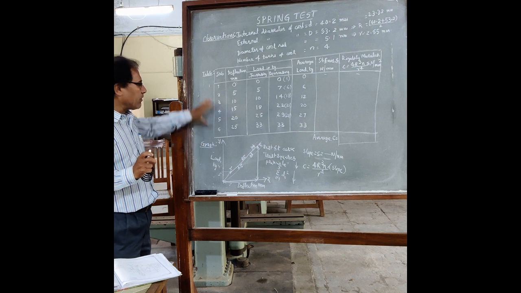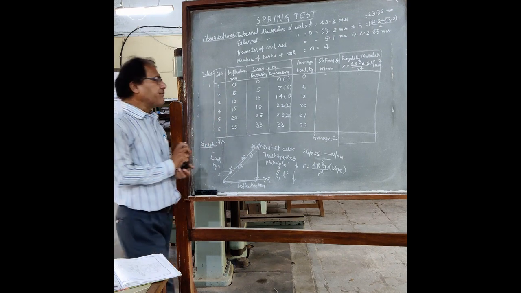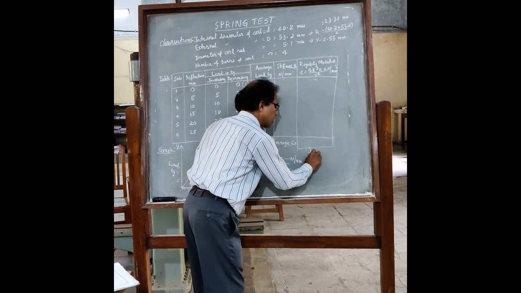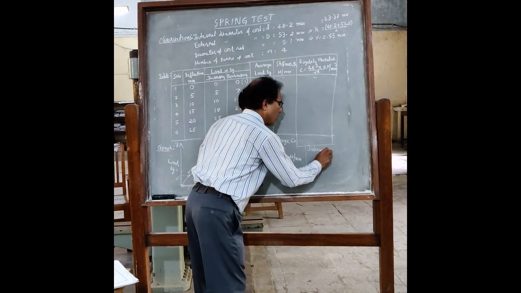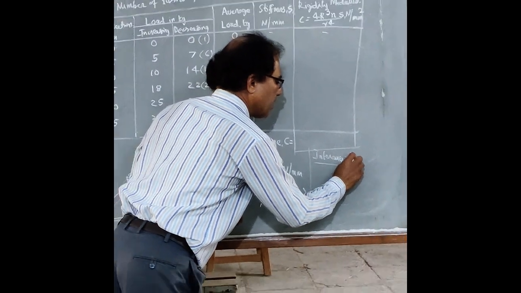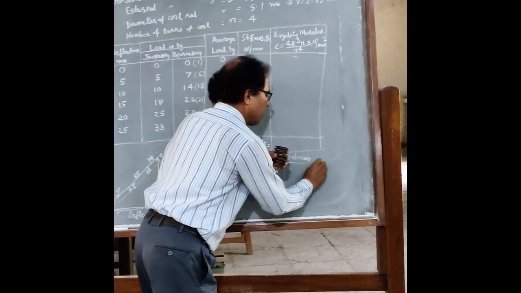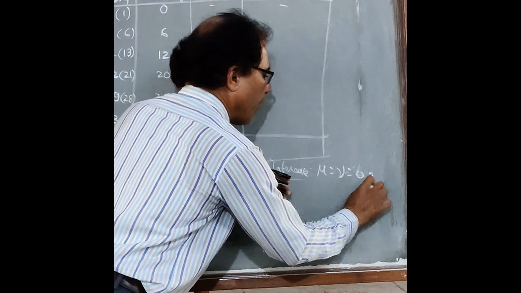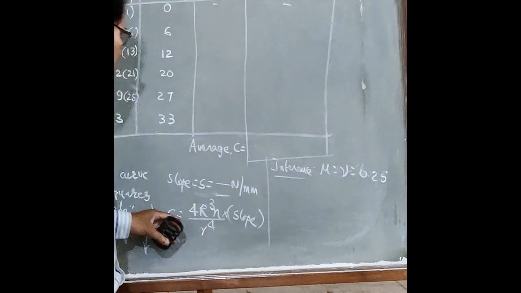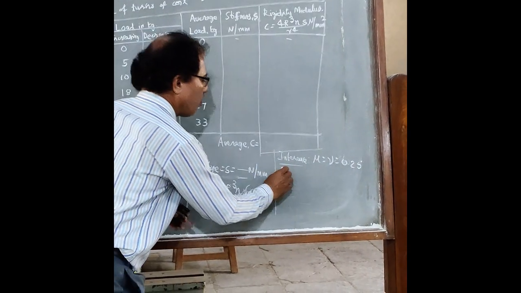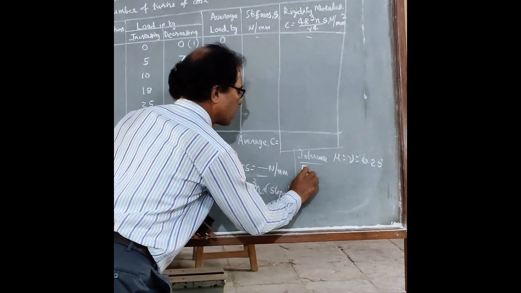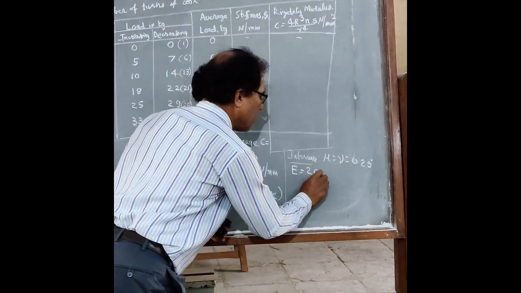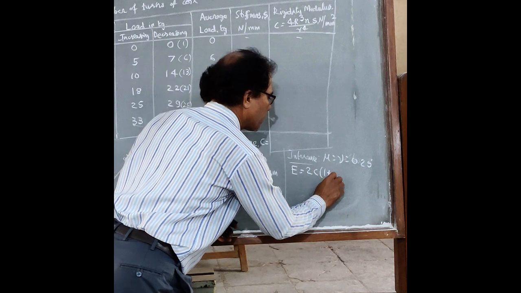Once these calculations are done, you also do the inference calculations. Assuming Poisson's ratio, mu or 1 by m, of this mild steel as 0.25, and since you already know the shear modulus C, you can get Young's modulus: E is equal to 2C into 1 plus mu.